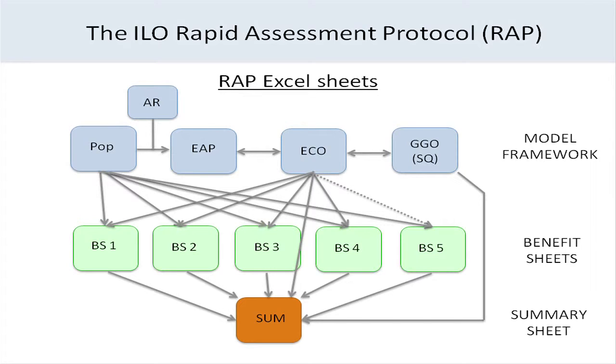And it's a matrix. It's by age and by gender, so male, female. And this allows us to link the population to the labor force, or the economically active population. And it's all by single age and by male, female, or can be by age group, depending on the data available.